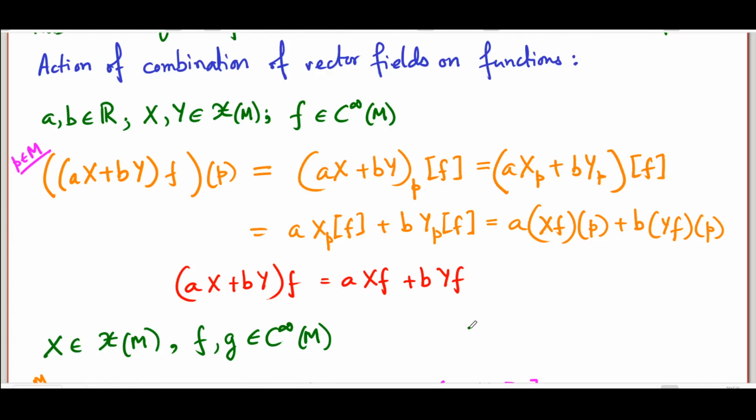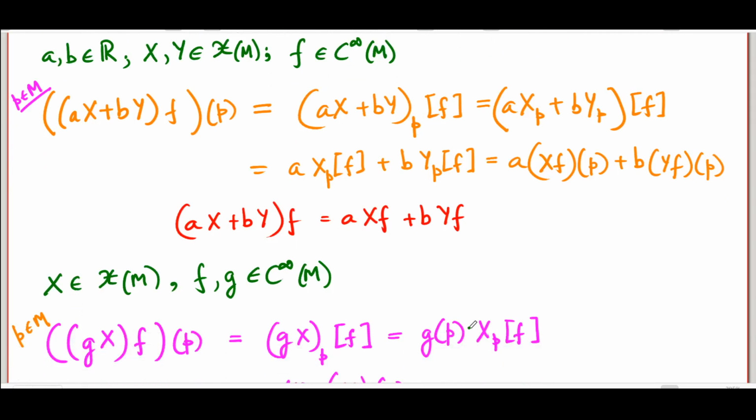Now, if X is a smooth vector field and f and g are smooth functions, we can now begin to talk about gX, this vector field, acting on the function f. Again, we need to take a look at what this function returns when you feed it a point P as an argument. By definition, it has to be gX's value at point P, this tangent vector eating up the function f.